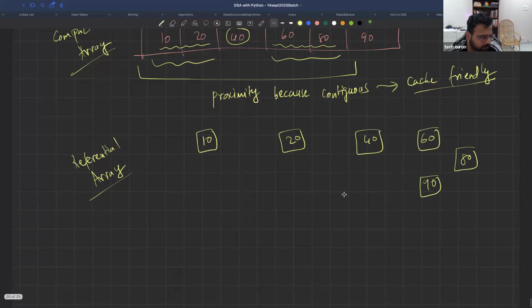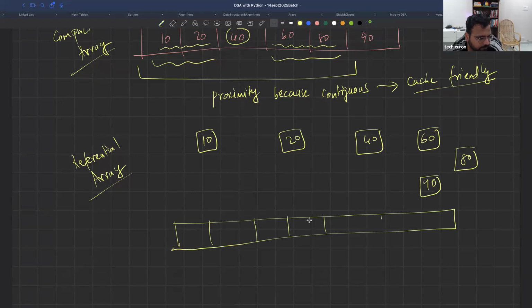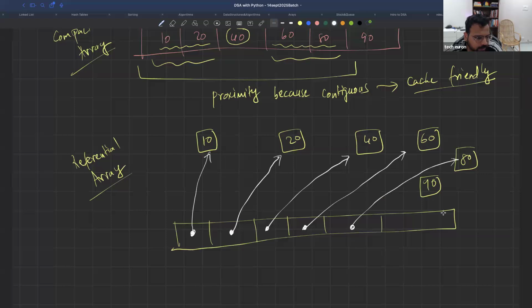Then we are creating an array like this, 1, 2, 3, 4, 5. The address of 10 will be here, and this will be pointing to this, this pointing to this, and so on. So even if you cache some part of the memory, it is not helping you.